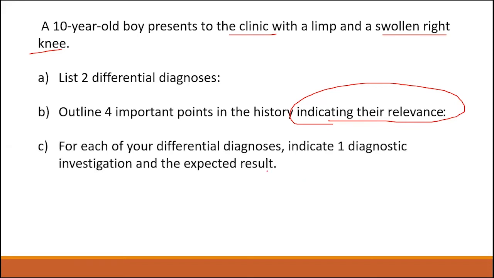For each of your differential diagnoses, you see, they are making reference to your point number A. So that means that if your point number A is wrong, things here could be not correct. But then again, whatever point you are giving is in reference to your differentials, even though you might mark wrong, they could give you some point for the fact that everything is sequential, or you are doing it based on your differential diagnosis.